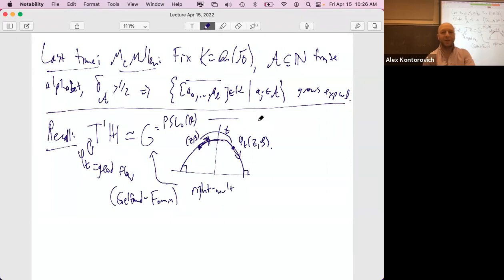Of course, what's the identification? It's that g in G gets mapped to g(i), g up, where g acting on z and zeta is the usual fractional linear transformation in the z direction. And exactly what we worked out, I think, is zeta over (cz plus d), c.